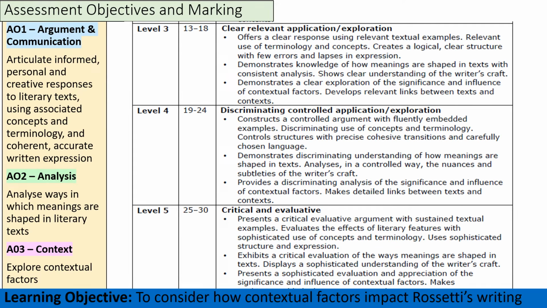Here's a look at the mark scheme. Again, very similar to the modern poetry. The only difference is you are marked on AO1, AO2 and AO3, not AO4 as in the modern poetry one. AO3 is of course the context.